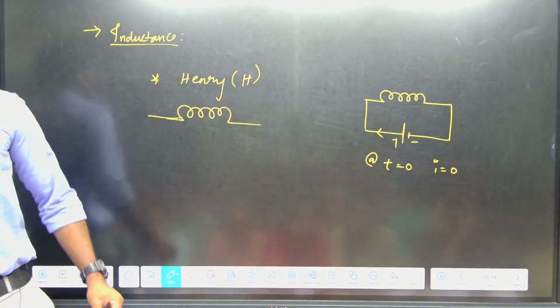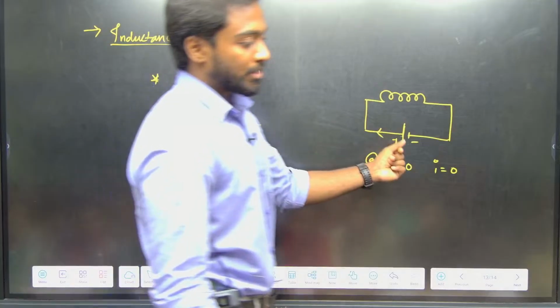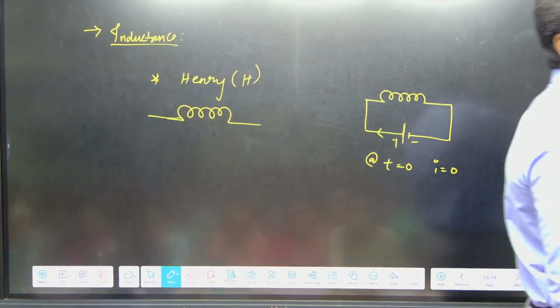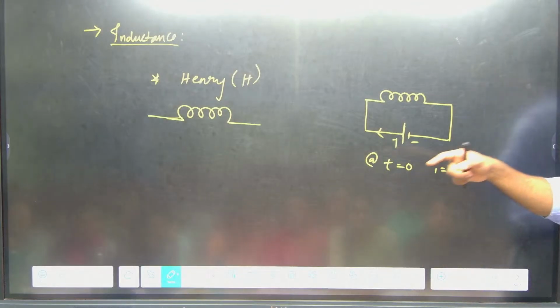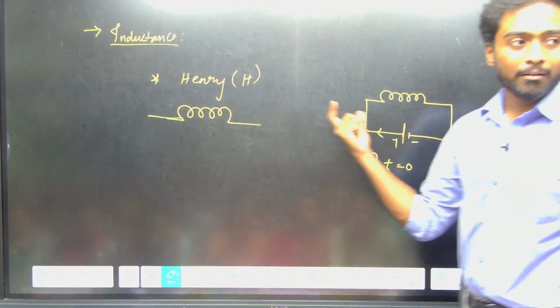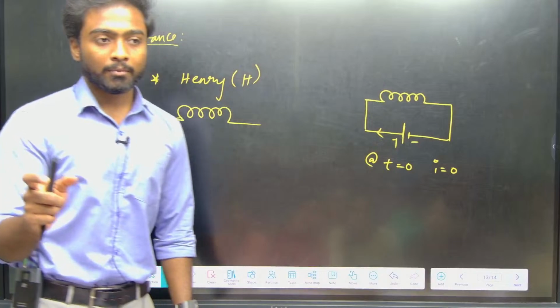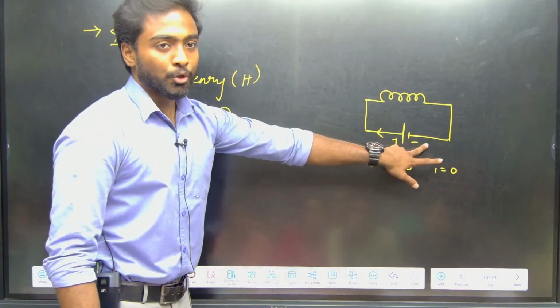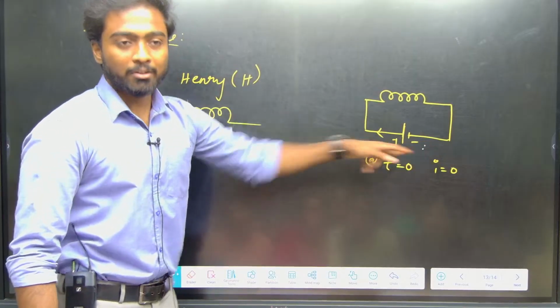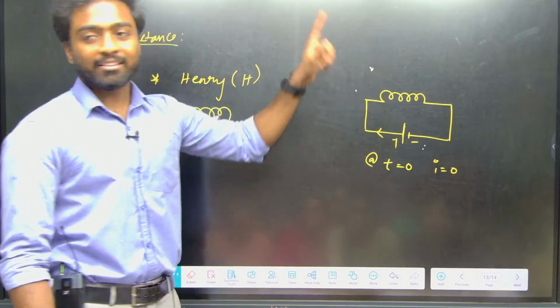When I switch on the circuit, the current starts flowing immediately to the maximum level, whatever the battery, which is fully charged, can provide.